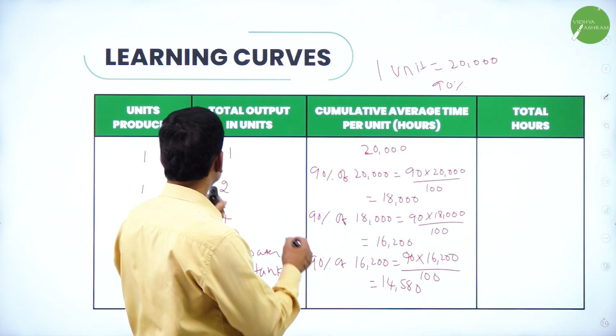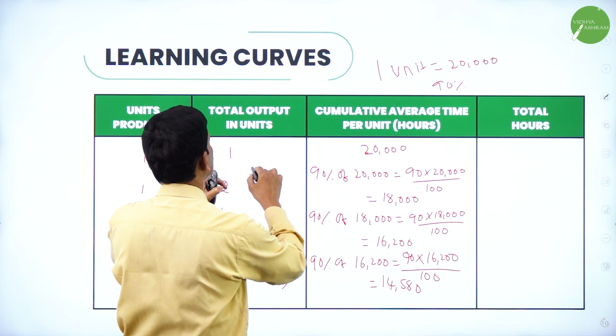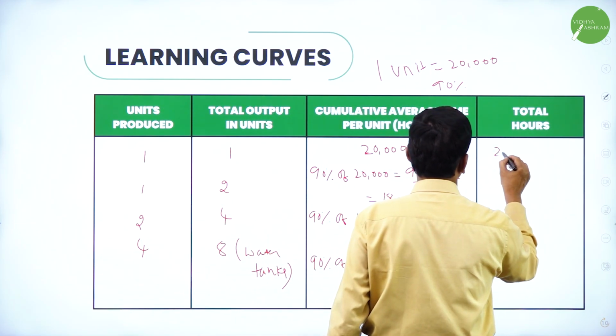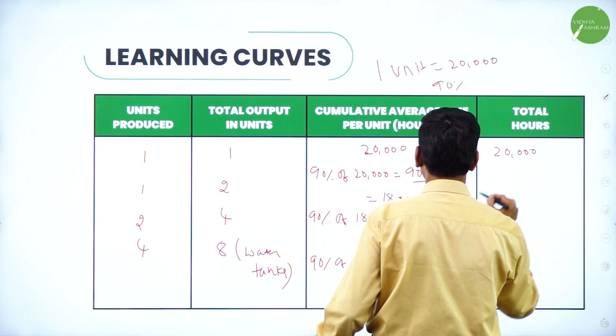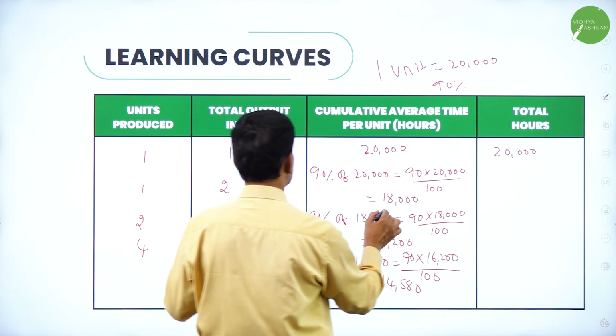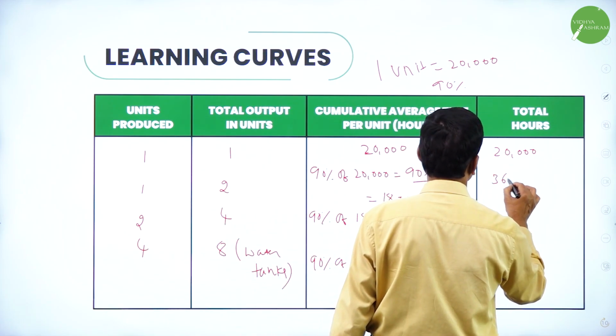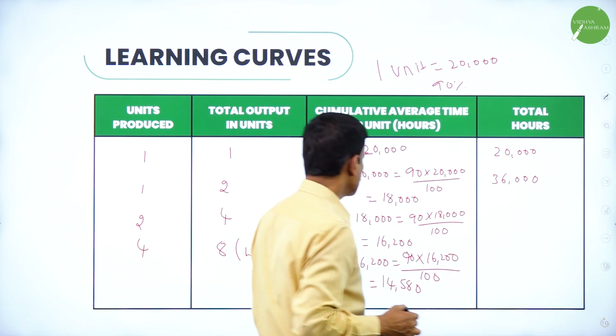Total time is equal to total output units multiplied by cumulative average time. So 1 into 20,000 is 20,000. Again 18,000 into 2 is 36,000.